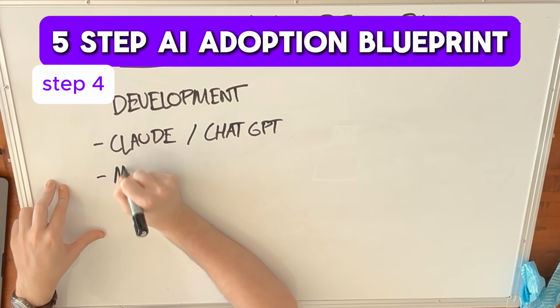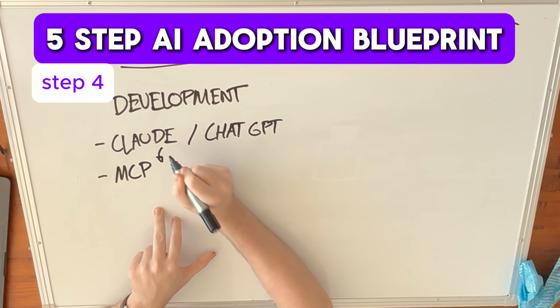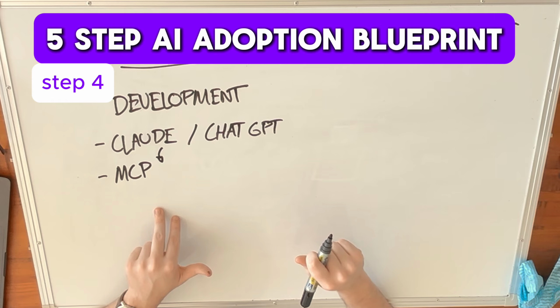MCPs. Now, I'm not going to go into depth about what an MCP is because that could be its own long video, but if you're using Claude and ChatGPT, you might be able to adopt MCPs into your existing tech stack. In fact, Claude has a built-in feature to use MCPs. That would be stage number 2.